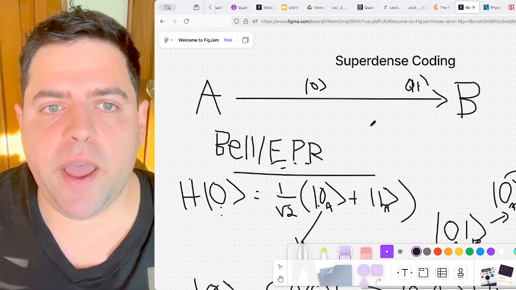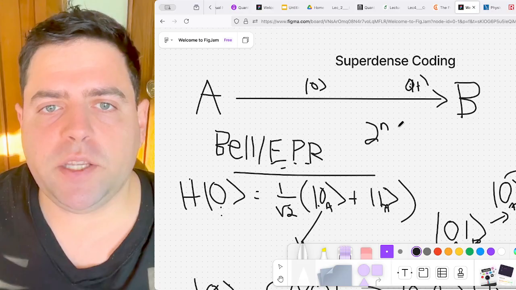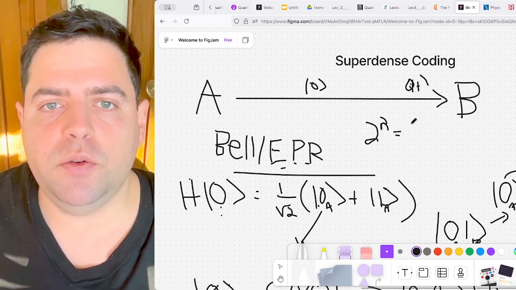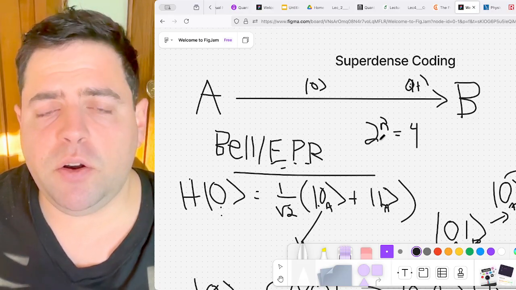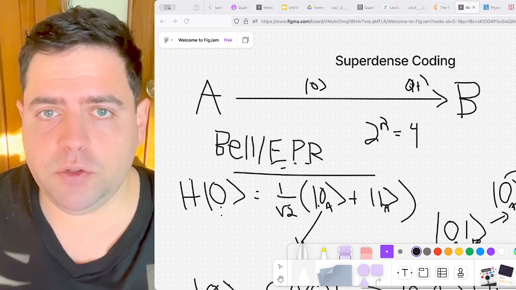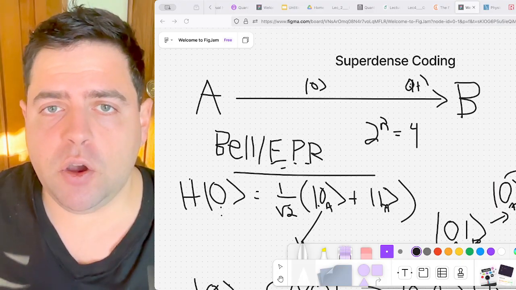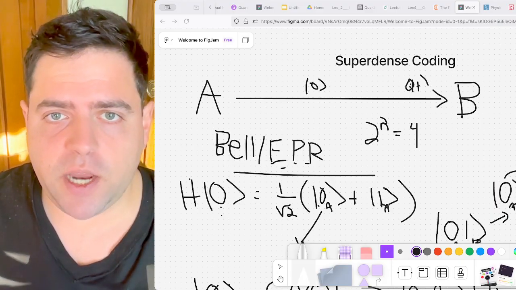You'll see that, what was it, 2 classical bits of information. 2 to the 2 is 4. In general, n classical bits of information can encode an alphabet with 2 to the n symbols. So in the English alphabet, there are 26 characters.